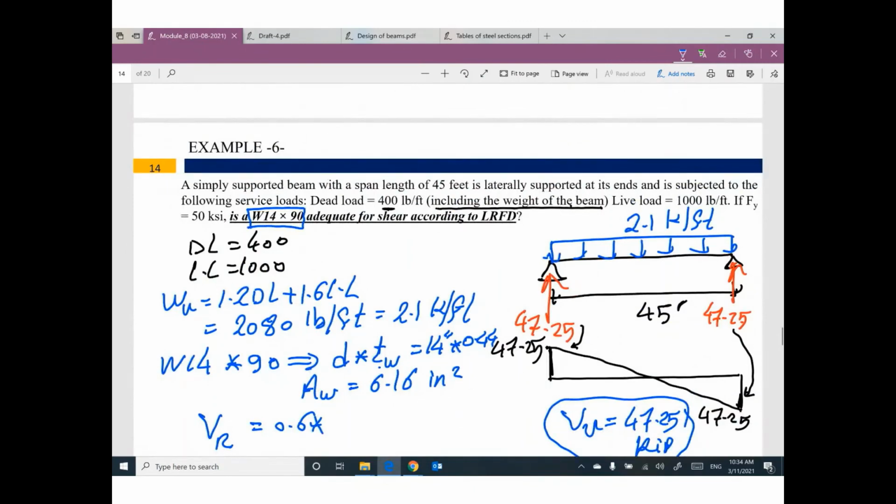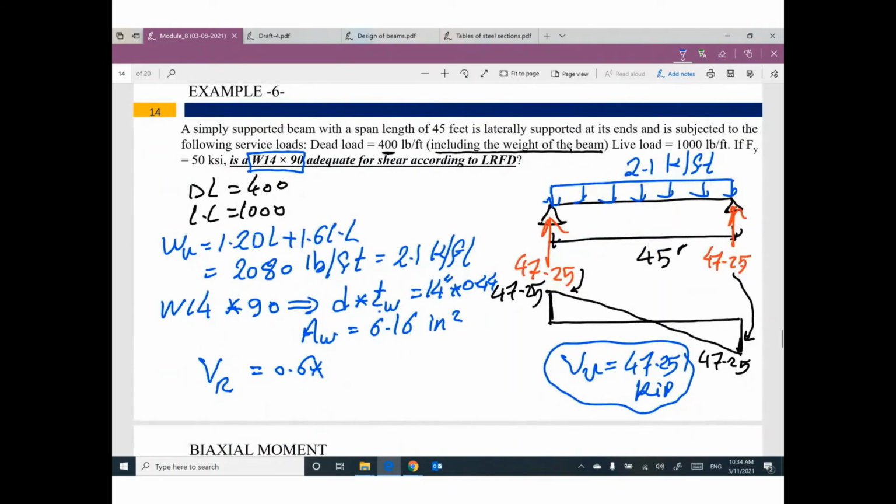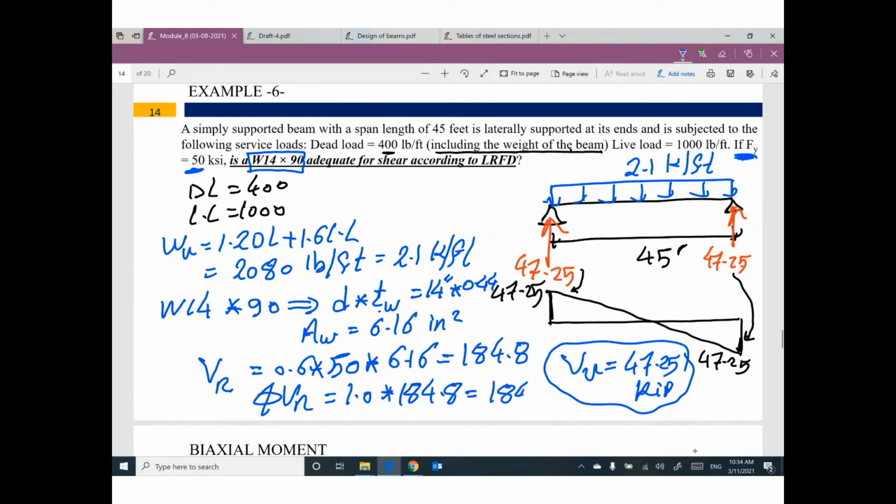It's given here: F yield equals 50. Times area of web 6.16. What is the value of Vn? 184.8. So phi Vn, with phi equal to 1, times Vn 184.8. The final value is 184.8.